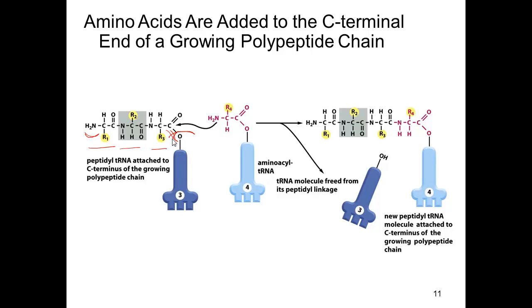In so doing, it's going to cleave the connection to the tRNA molecule. tRNA molecule number 3 will be released, and now you have the 4 amino acids connected to the 4th tRNA molecule. This is all happening inside the ribosome, but this is the fundamental picture. Again, proteins are synthesized in the amino to carboxy direction. And in the next video we will meet the ribosome and see how it gets this to occur.